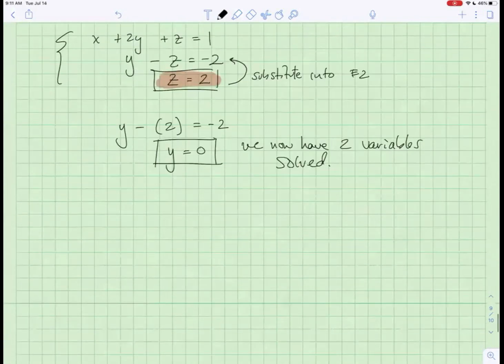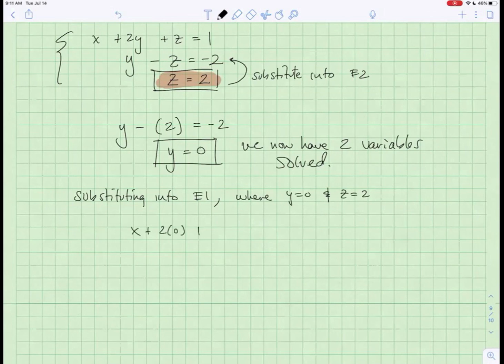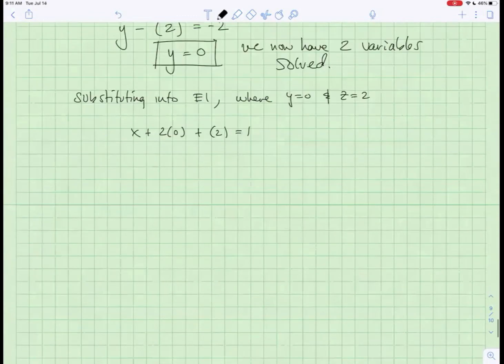And we're going to take that information and we're going to go right back up to the first equation. So substituting into equation 1, where y equals 0 and z equals 2, we get x plus 2 times 0 plus 2 is equal to 1, or x plus 2 equals 1, or x equals negative 1.